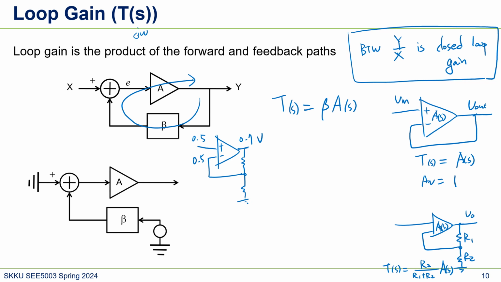So when we measure loop gain, we break the loop, give it a small signal input, but at the same time keep it at 0.5 volt.